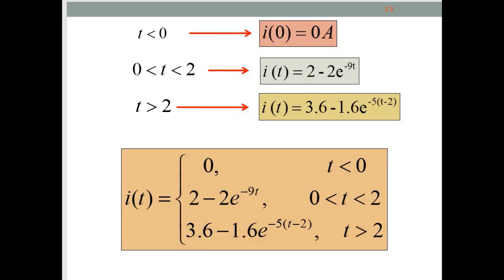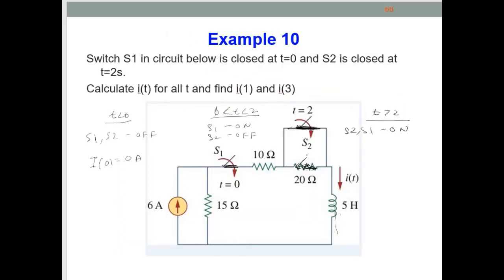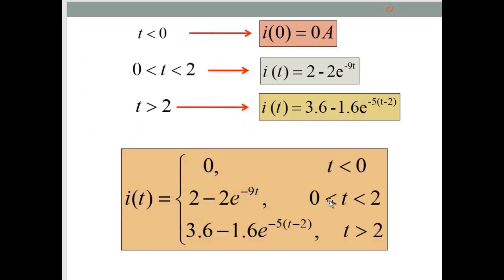So go back to the questions. We are required to find I1 and I3. So I1 is here, I3 will use this formula.